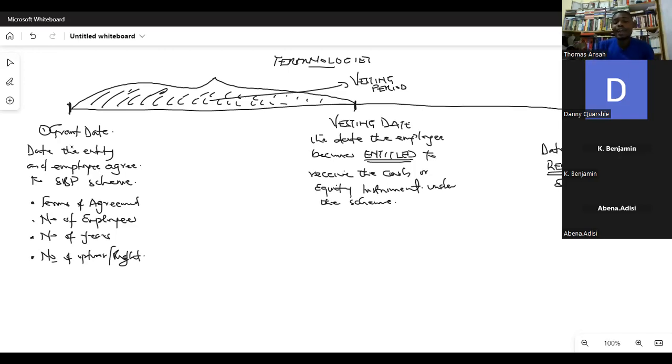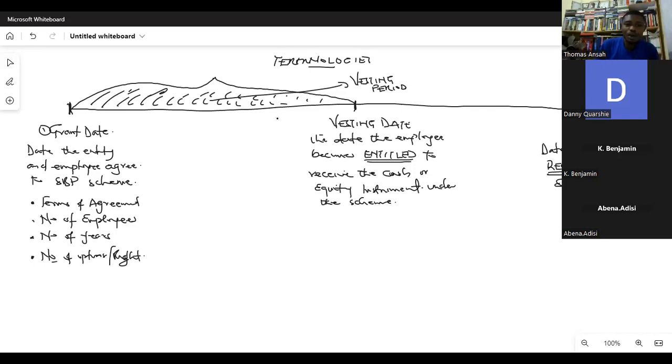But there will come a time that you will be entitled to the shares, because you have to meet certain criteria. It's not like the day you just became the director, I should pay you bonus. You have to work to the end of certain time to be able to qualify for the bonus. Okay, so the date of the agreement is okay.